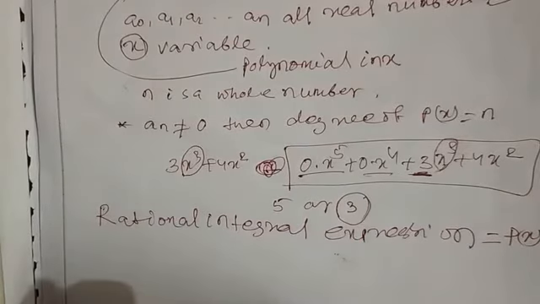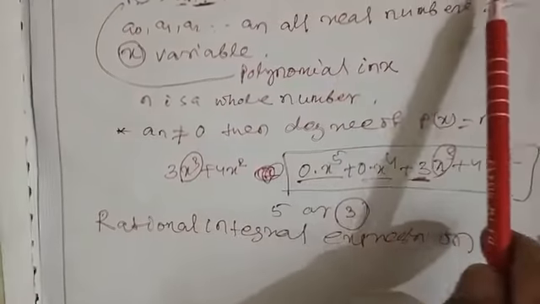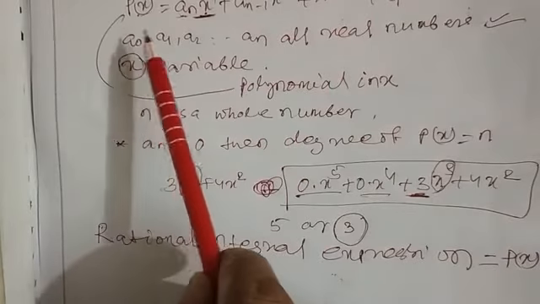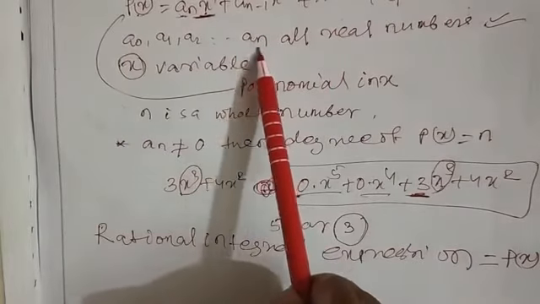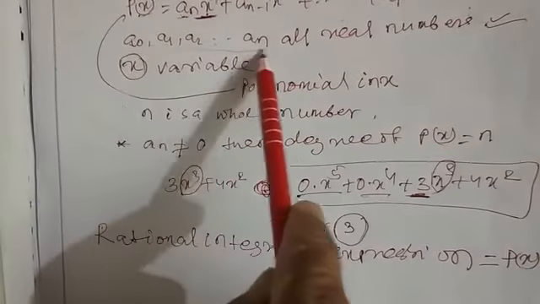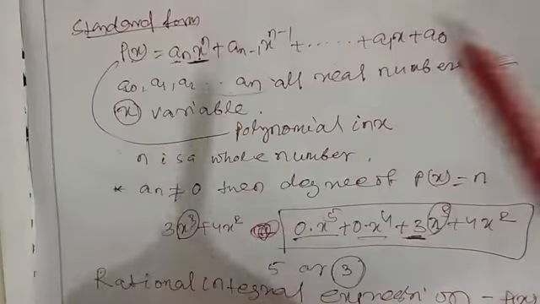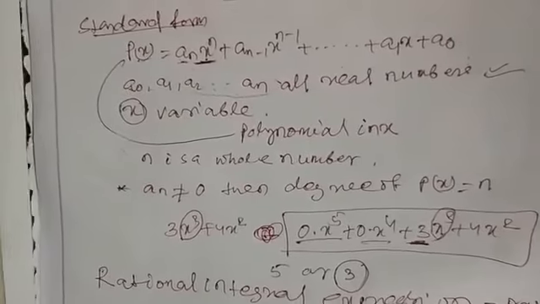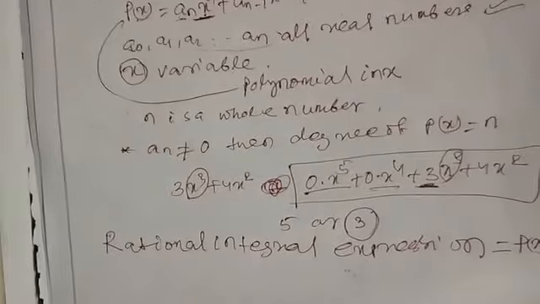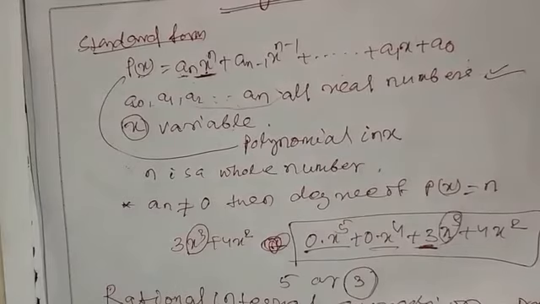A polynomial is known as a rational algebraic expression if a_0, a_1, a_2 up to a_n are rational numbers. So if these are rational numbers, we call this polynomial p(x) a rational algebraic expression. Remember.